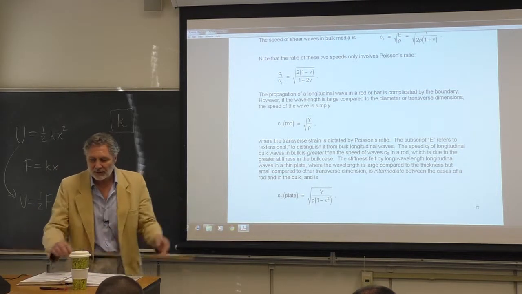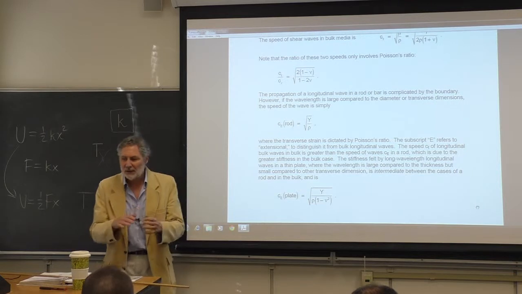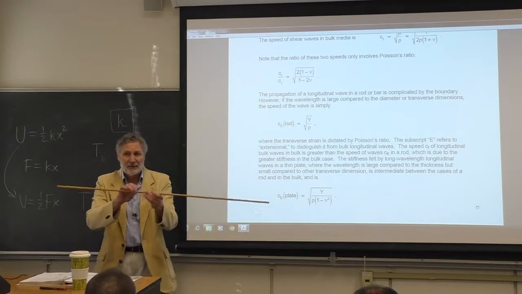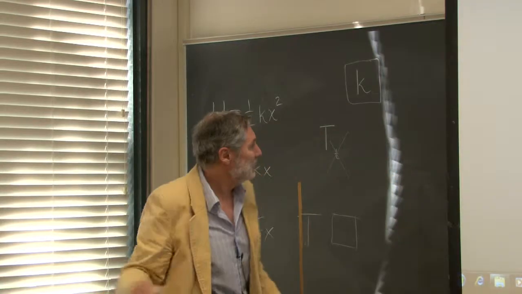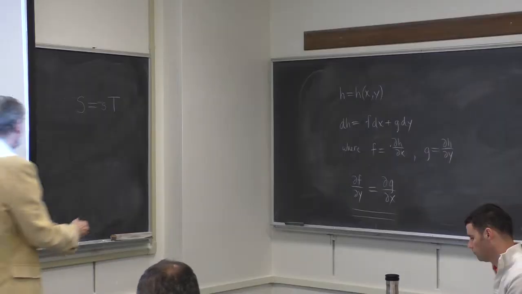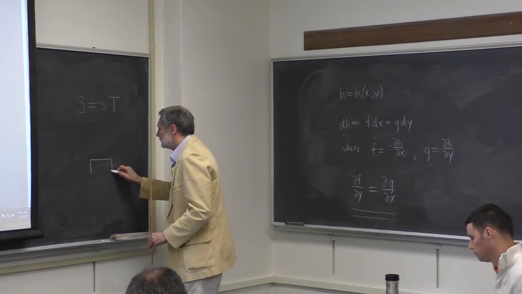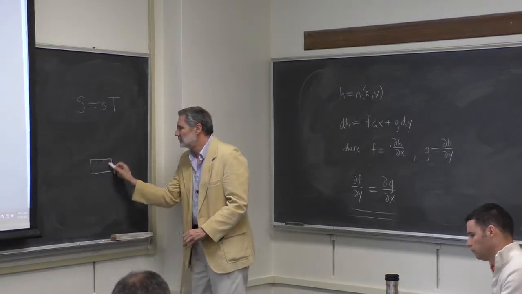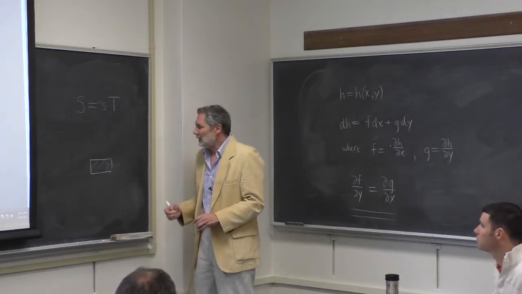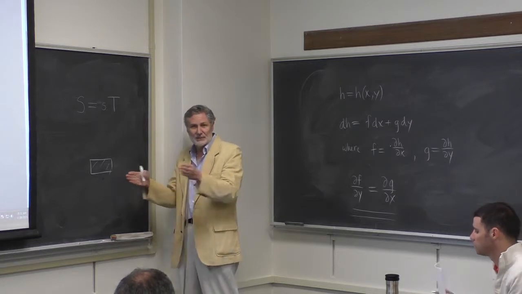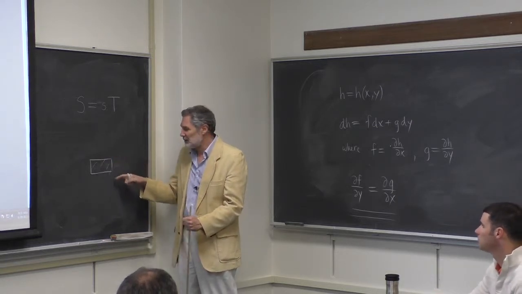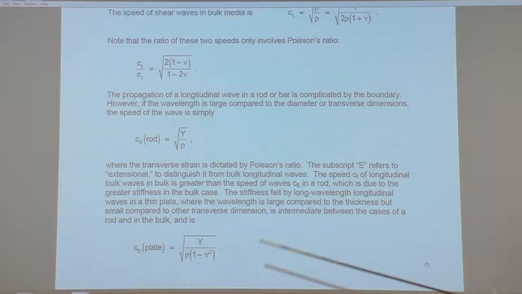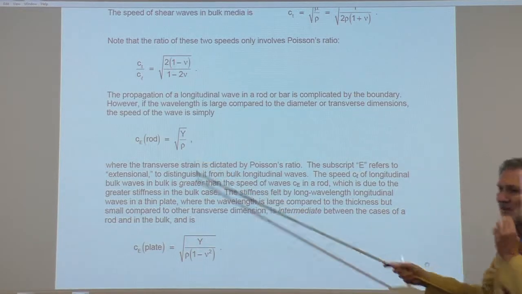Okay, so let me end it right here, but let me say, we have this rod where the wavelength is large compared to the diameter. We can imagine a rectangular cross-section, and as long as the wavelength is large compared to this dimension and that dimension, you're going to have this speed of sound, speed of waves.